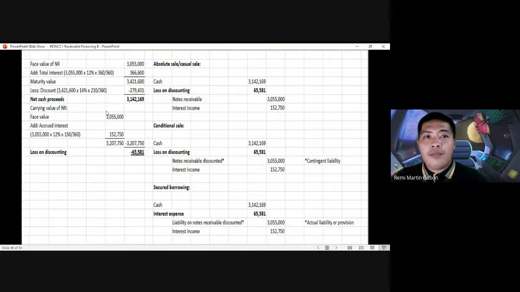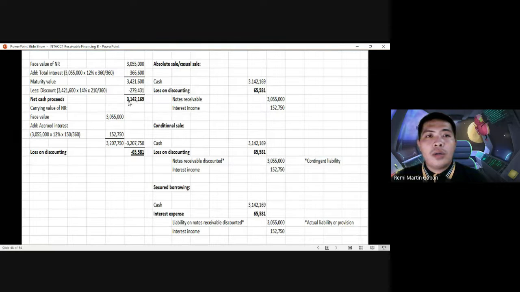Again, we assume every month to have 30 days. Okay, assuming all months have 30 days. Then over 360. Or if you want, you can have it times 14%, then times 7 over 12. We can still arrive at 279,431. Then get the difference, we can have now the net cash proceeds.